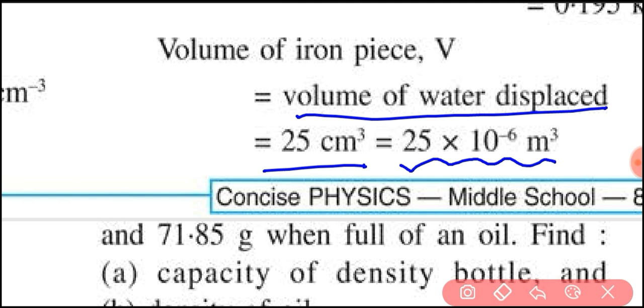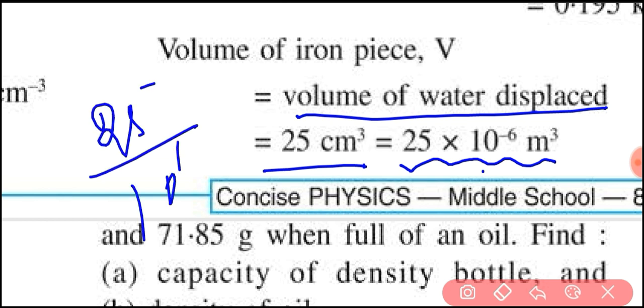Clear? 25 upon 10 raised to 6 can be written as 25 into 10 raised to minus 6. Theory we have discussed.